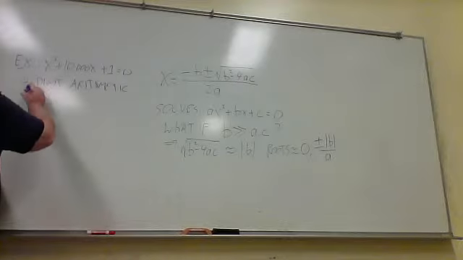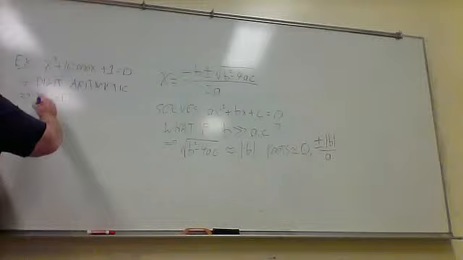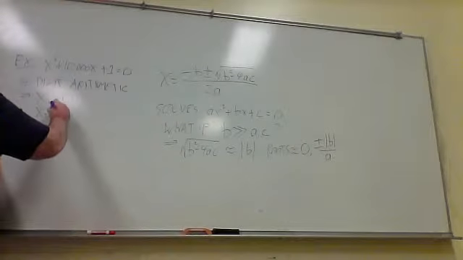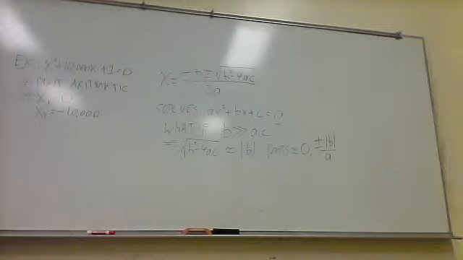And here are the roots that we get. So x1 is equal to 0, we get a root of 0, and then x2 is equal to minus 10,000. Now suppose we substitute these roots into the equation. We plug in the first root of 0, and we get 1 equals 0. So we're a little bit off.